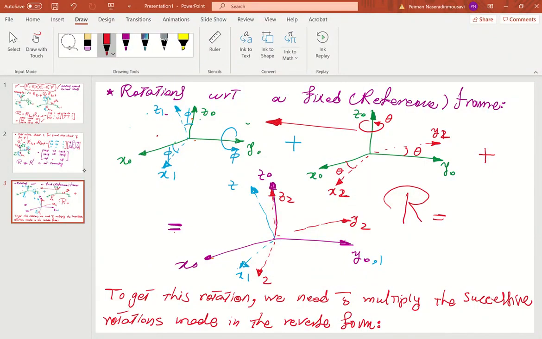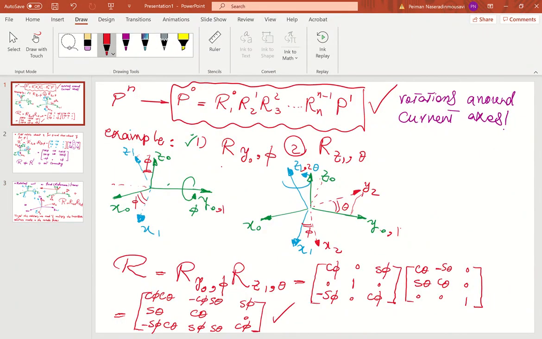It's going to be R of z and theta multiplied by R of y and phi. Remember, in these examples we were doing forward. That's right. See, R of y and phi, because we were doing around the current axis.